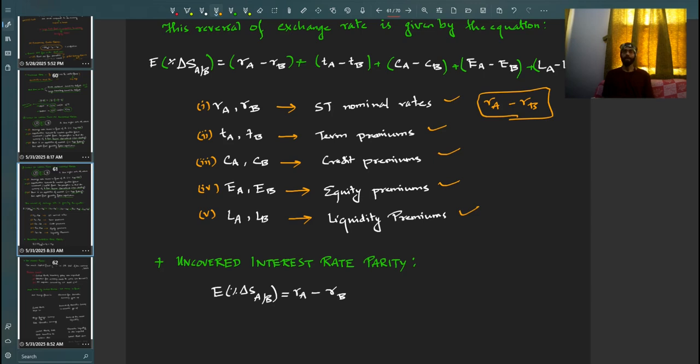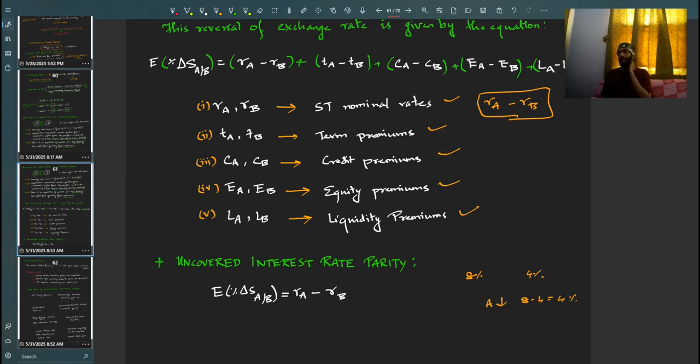So let's say currency A has a short-term nominal rate of 8% and currency B has a short-term nominal rate of 4%, then currency A will go down by 8 minus 4, or 4%. This is what uncovered interest rate parity claims. They are claiming that this first factor is the only one that matters. Rest of them can be ignored.